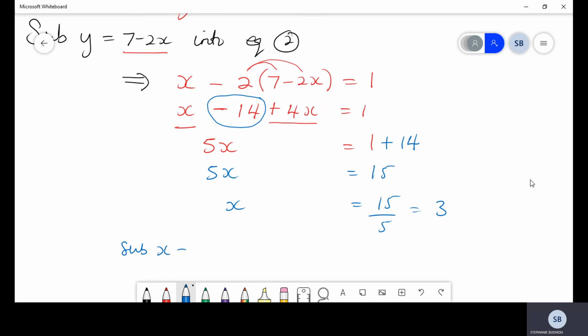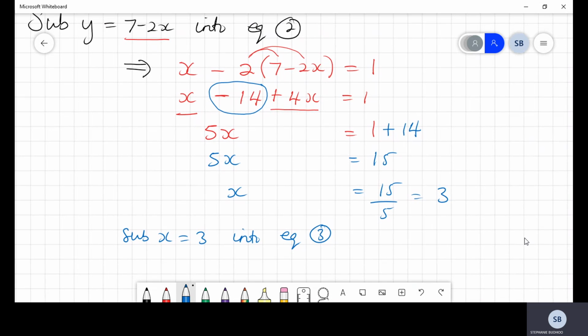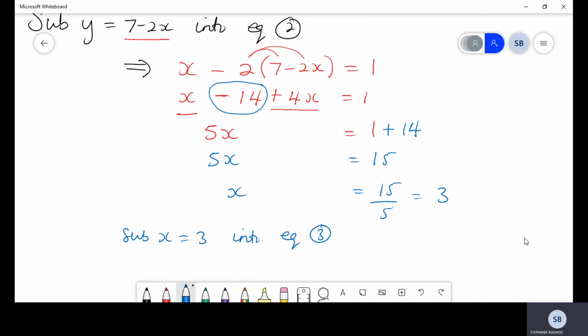Once you get the value of one of your variables, you can substitute it into one of your 3 equations. Most commonly, students tend to substitute it into their recreated equation. Our recreated equation was y is equal to 7 subtract 2x. That's equation 3.